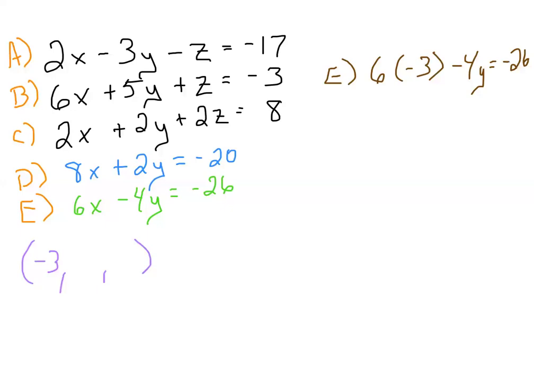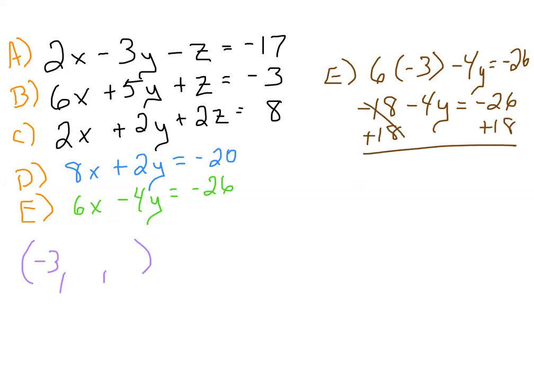So 6 times negative 3 gives me negative 18. Add the 18 over. I'm thinking ahead here. Gives me negative 4y equals negative 8. I divide by the negative 4. So y equals 2.